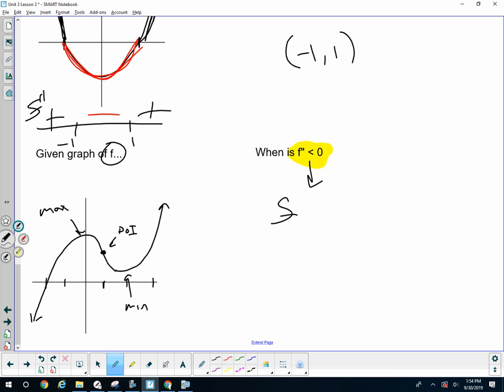F double prime is negative, f is concave down. This is where it gets tricky. Because yeah, f double prime is negative, f prime is decreasing, sure. That's one thing it tells us. But it also tells us f is concave down. All three are synonymous. If the second derivative is negative, our first derivative's values are going down, and our original function is concave down. When is our original function concave down?